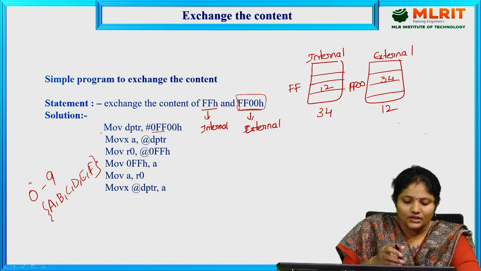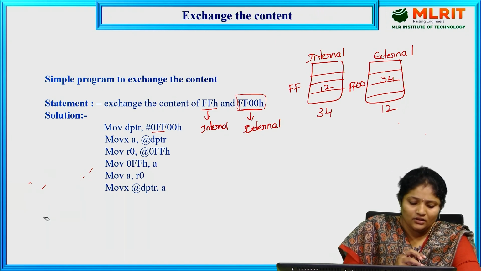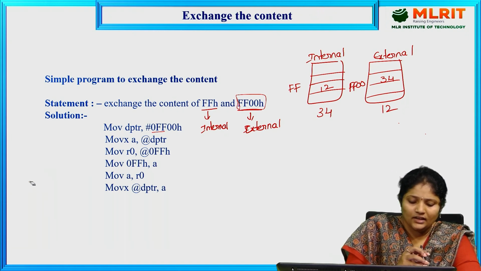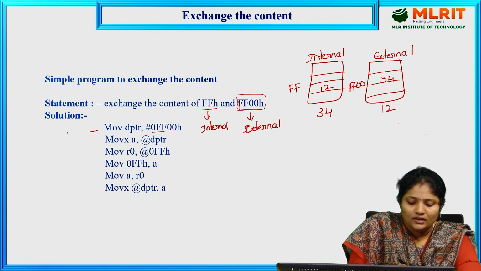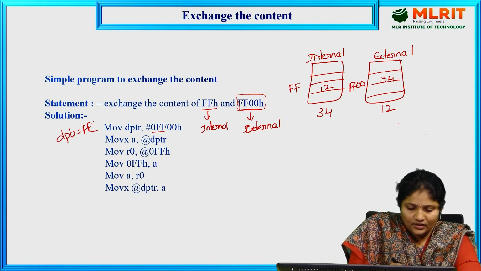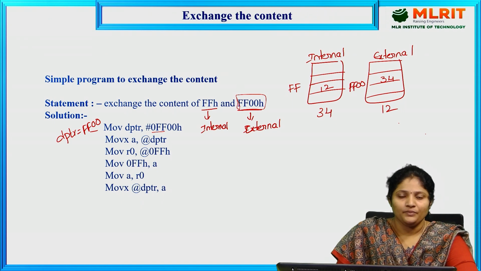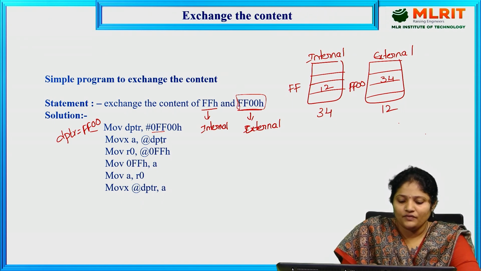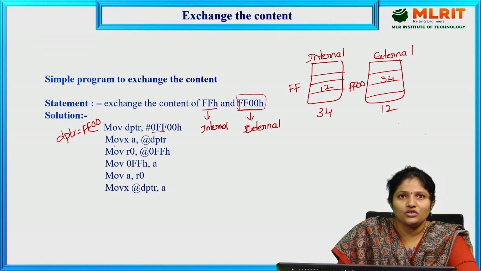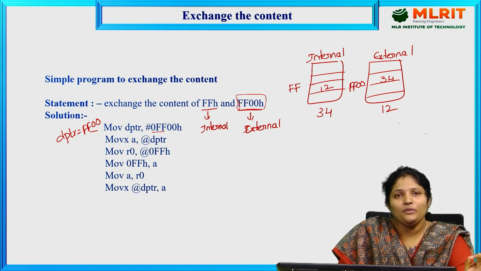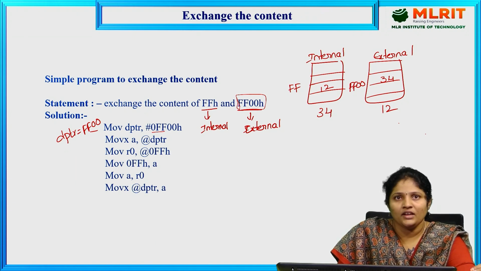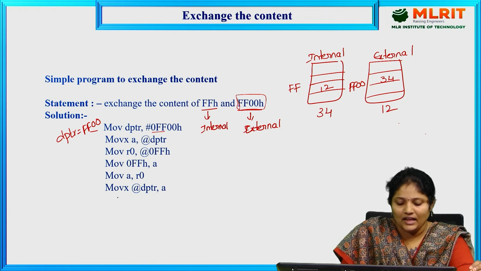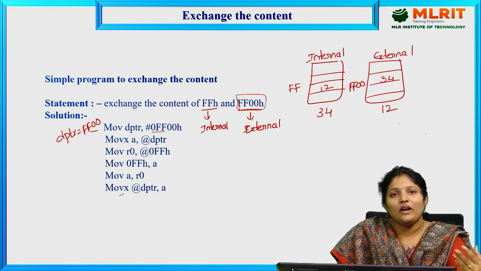Next, coming to the next instruction. After executing the first instruction, the DPTR consists of the FF00 address. Now, what is the second instruction? MOVX. Why are we representing X over there? The remaining instructions don't have X, but this particular instruction and the last instruction have it.